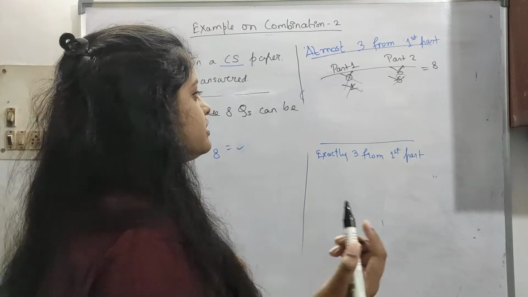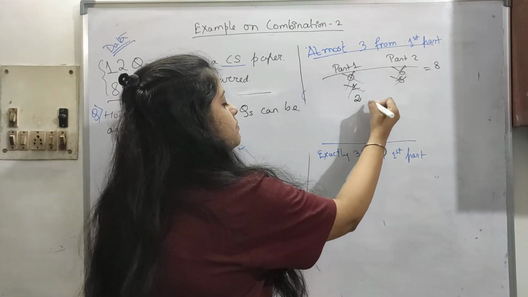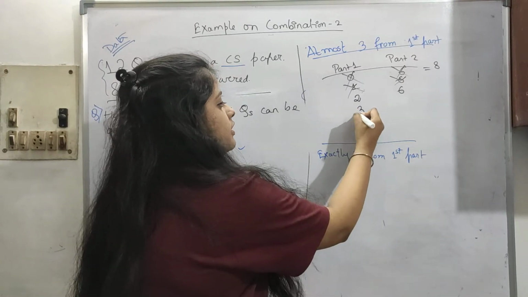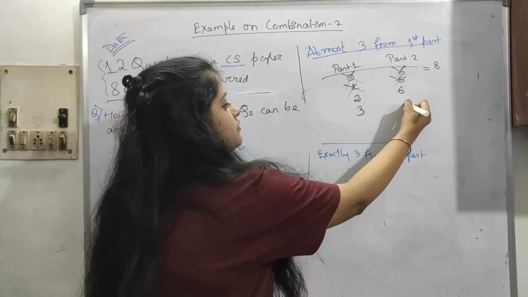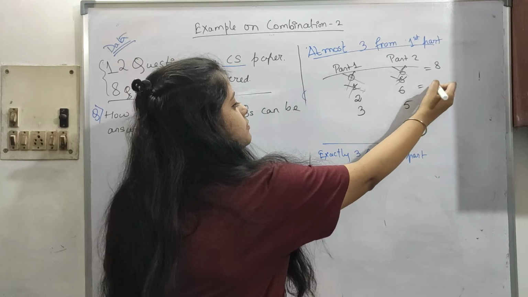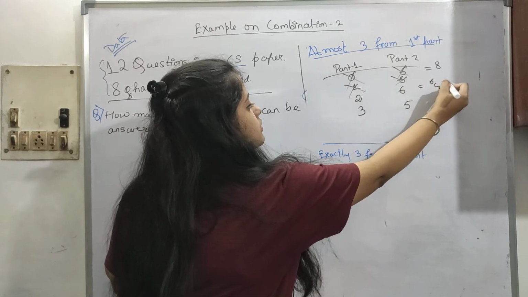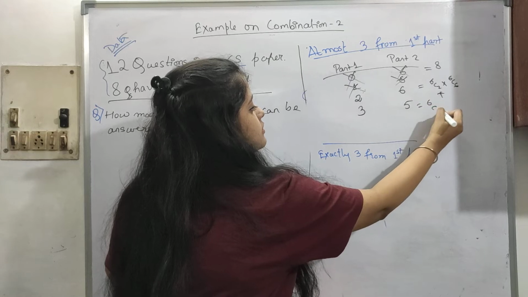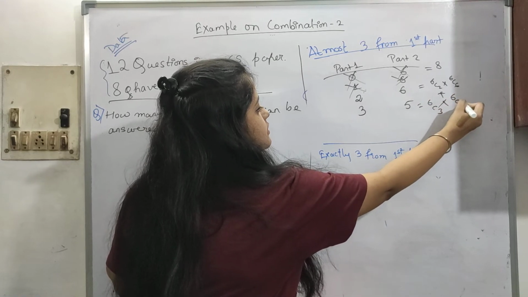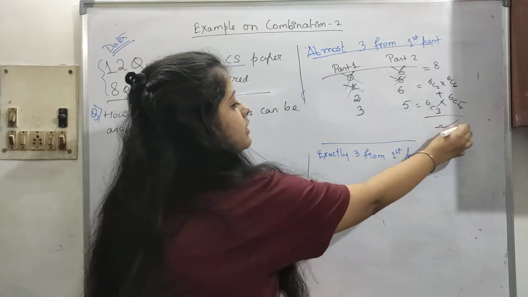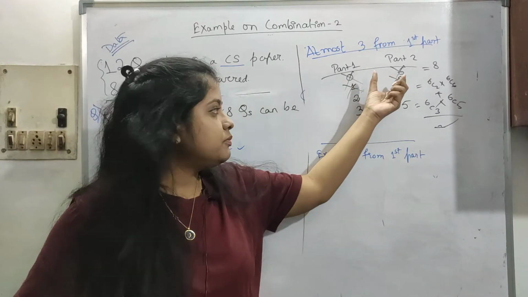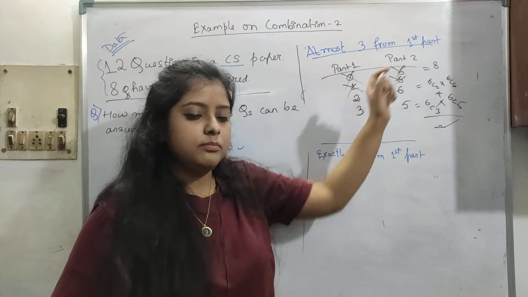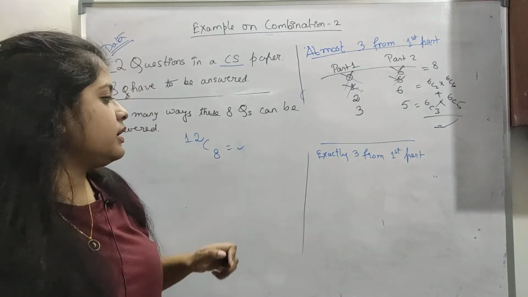Only two cases are left: 2 questions from part 1 and 6 questions from part 2, then 3 questions from part 1 and 5 questions from part 2. These two cases are possible. So 6C2 into 6C6, or 6C3 into 6C5. Whatever the answer is. I hope you have understood why the first cases are cancelled out, because the total is not coming up to 8, and 8 questions have to be answered.